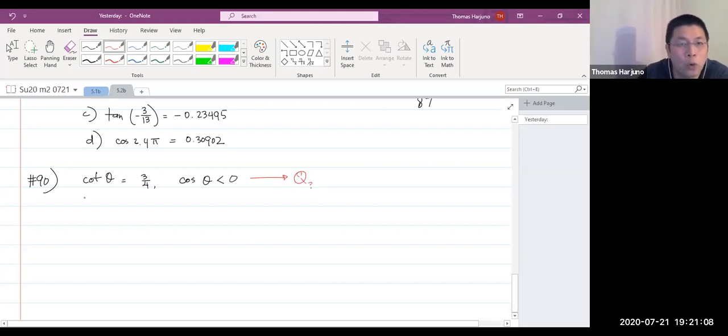Now, if cotangent is positive, then tangent will also be positive. In fact, the tangent will be 4/3. Which quadrant has tangent positive but cosine negative?